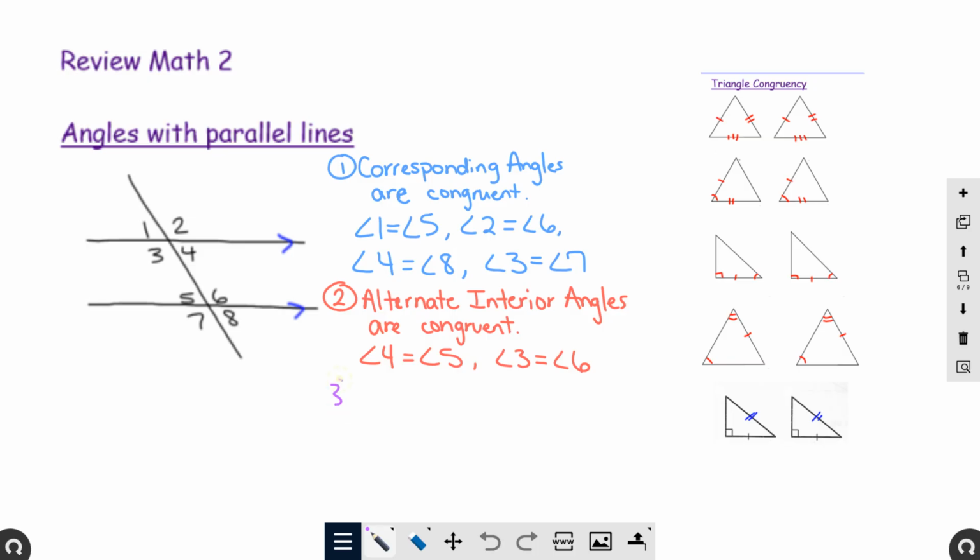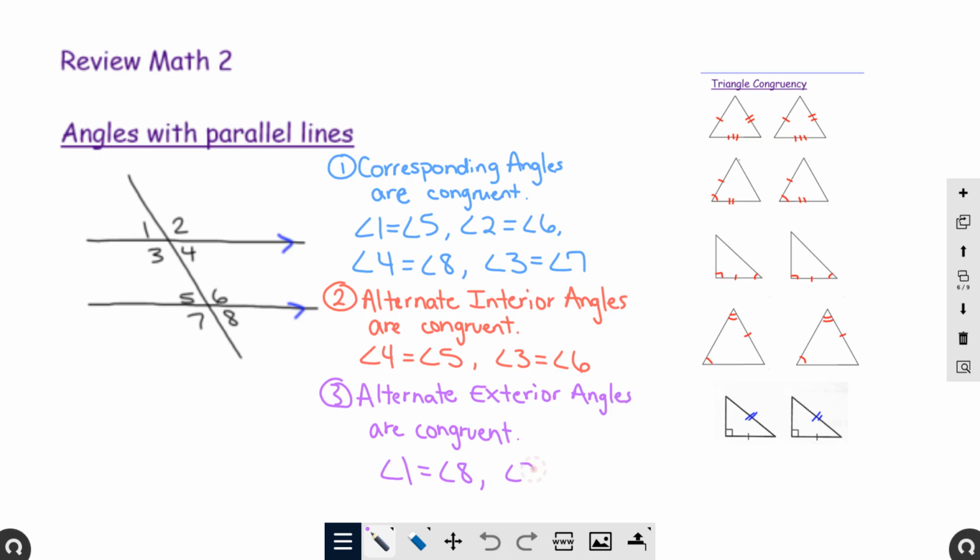Alternate exterior angles. And those are also congruent. So which ones are alternate exterior? 1 and 8.